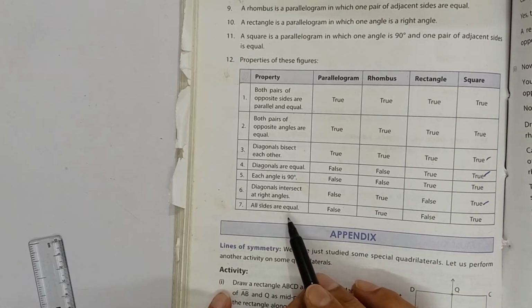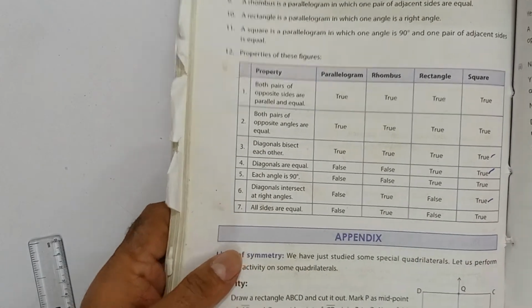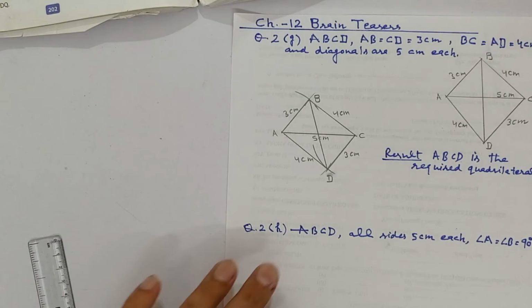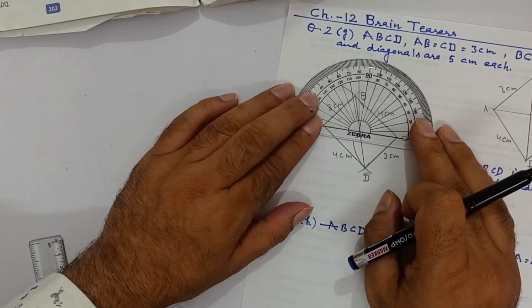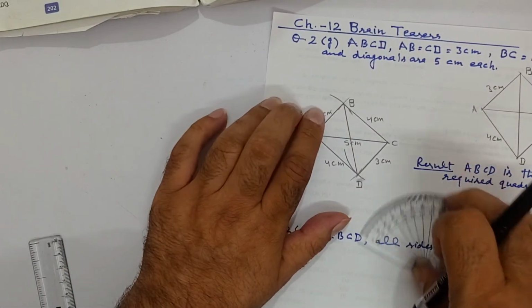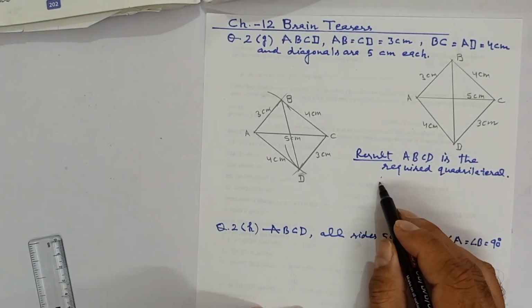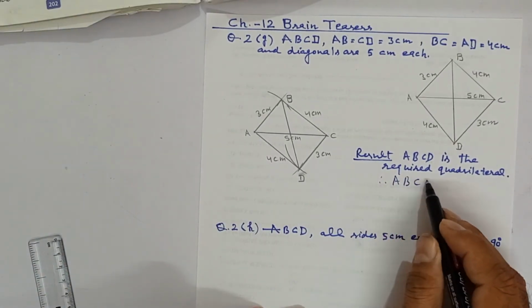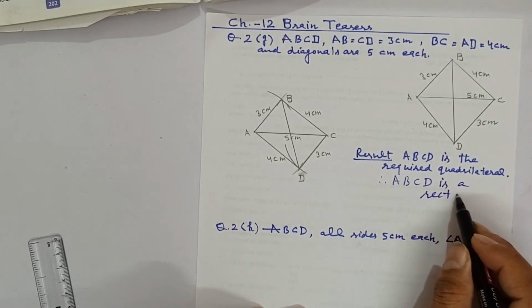Means they do not intersect at right angles in a rectangle. So let's check. If I keep the protractor here and I check, it is not giving 90 degree. So it means it is not satisfying the properties of square. So therefore ABCD is a rectangle. It is satisfying all the properties of a rectangle.